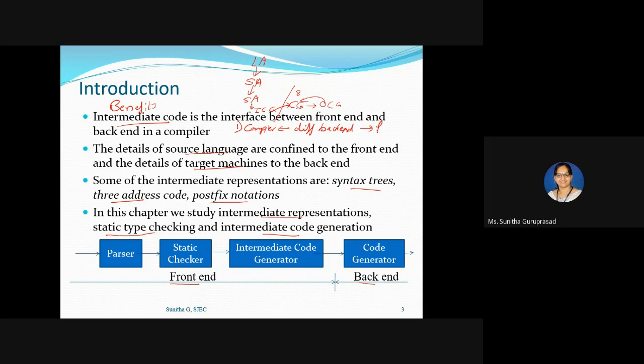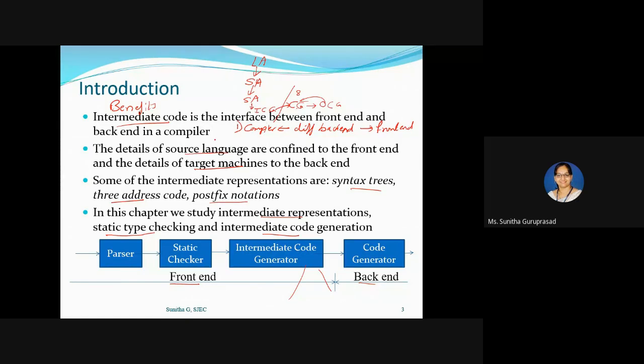Suppose you have only one front end, you can attach many backends. This is one backend that we are attaching, right? Like this, you can attach any number of backends to the existing front end. This is the first benefit.